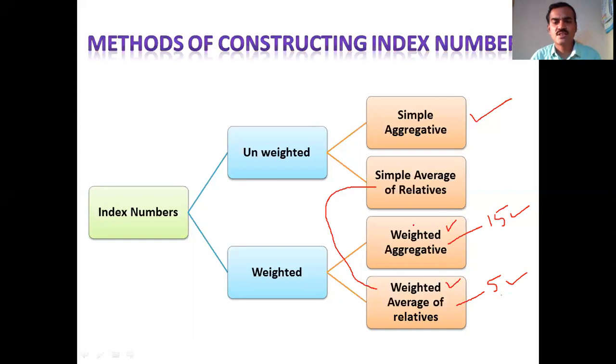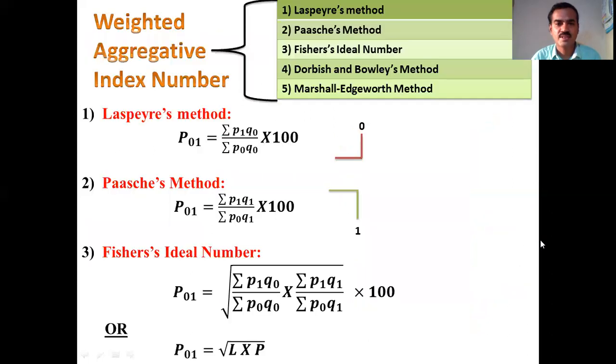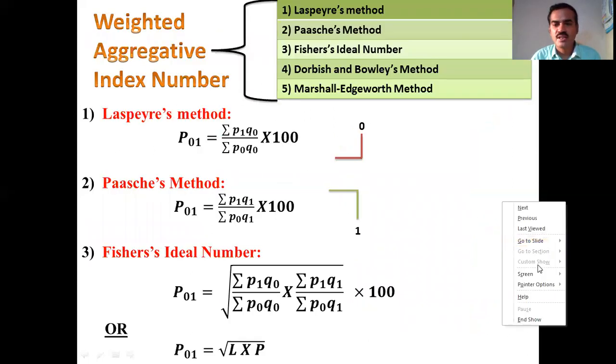So let us first discuss this weighted aggregative method of index number. This is very similar to the weighted average of relatives, which I have already discussed. Now let us concentrate on the weighted aggregative methods of index number.